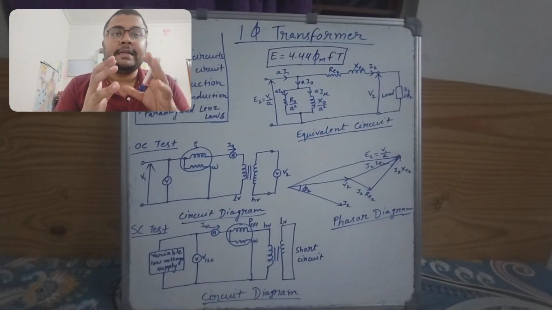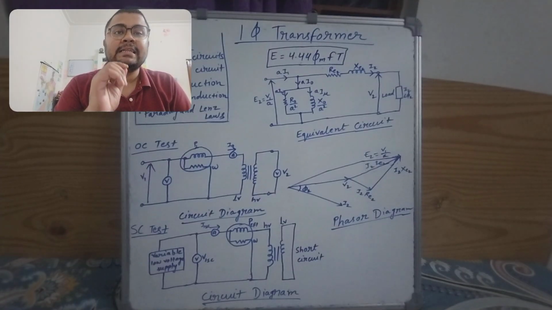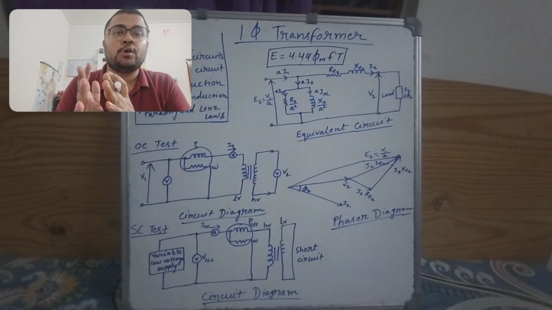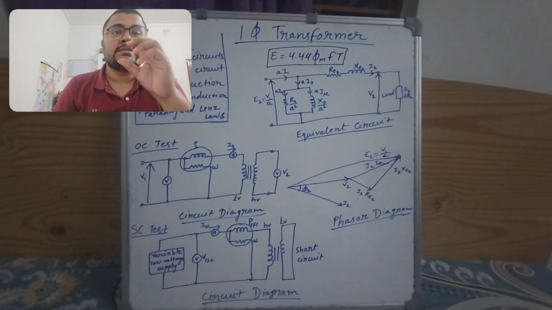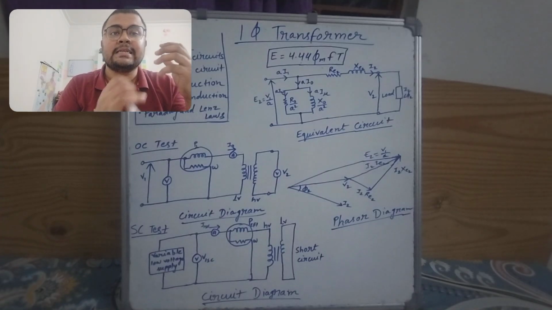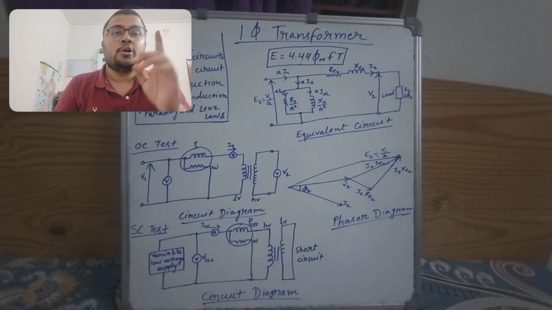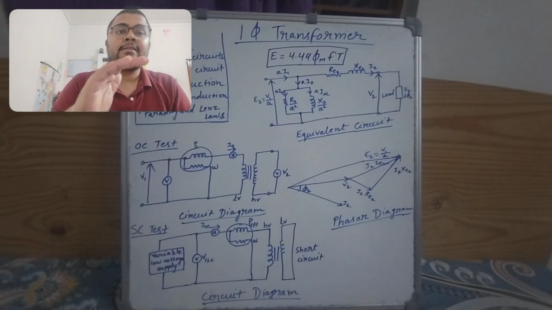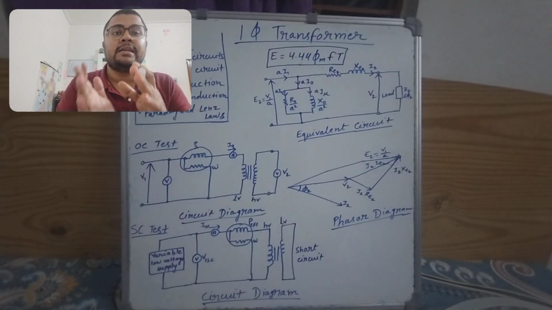In a practical transformer, there will be some leakage. But if we consider an ideal transformer, the same flux will be linked with the secondary side as well. There are a number of turns, and due to those turns another EMF is induced.